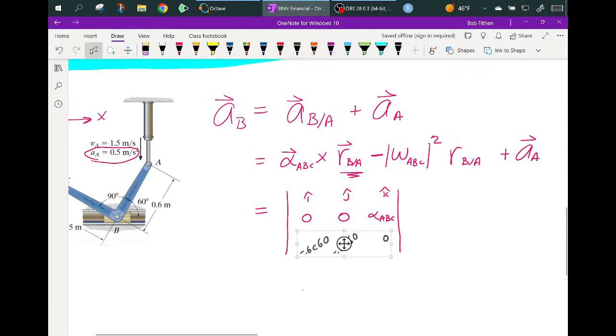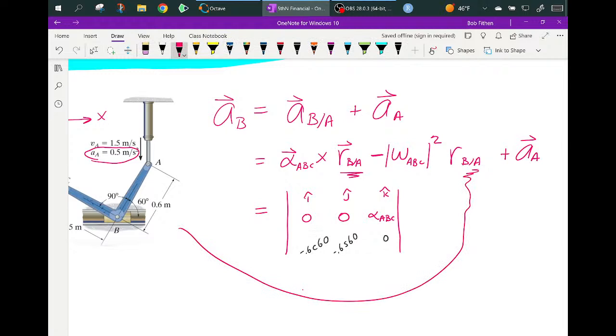Is this the vector that originates at A and points to B? There is that vector. It has a component here and a component going down.